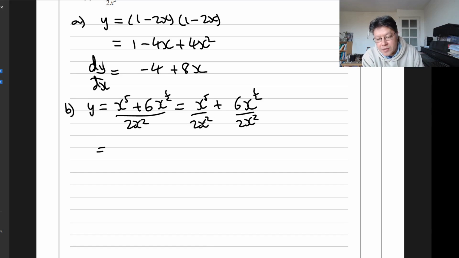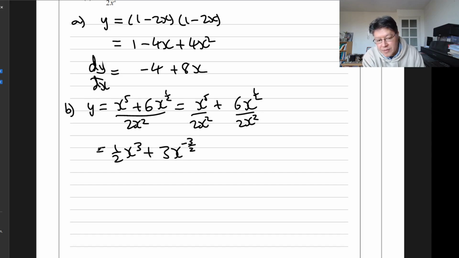And next step, we're just going to simplify each term. So here we get x cubed, and the over 2 we're going to just write as a half, so that's half x cubed plus, so 6 divided by 2 is a 3, and we have x, and here we have to do a half minus a 2, so that's minus 3 over 2.